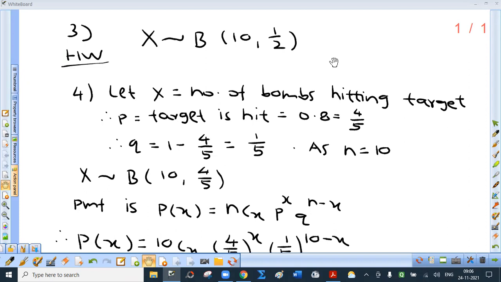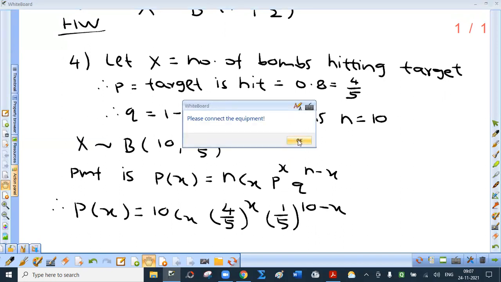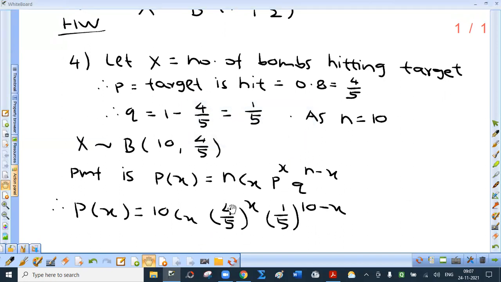So what is q? 1 upon 5. Now n is 10. So X follows binomial distribution with which parameters? 10, 4 by 5. So what is PMF? It is nCx, p raised to x, q raised to n minus x. That is 10Cx, 4 upon 5 raised to x into 1 upon 5 raised to 10 minus x.